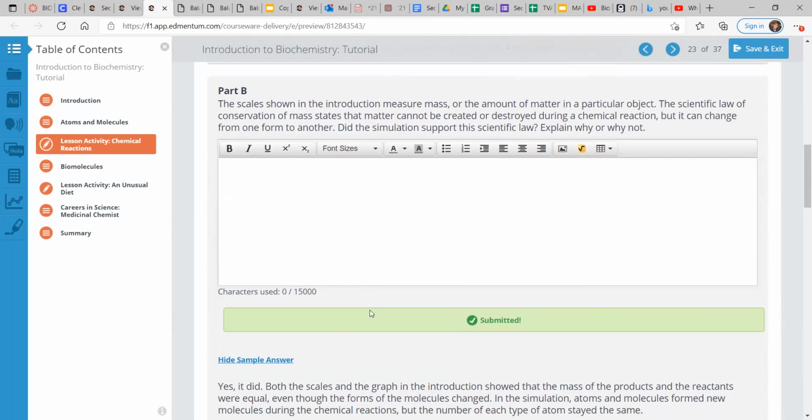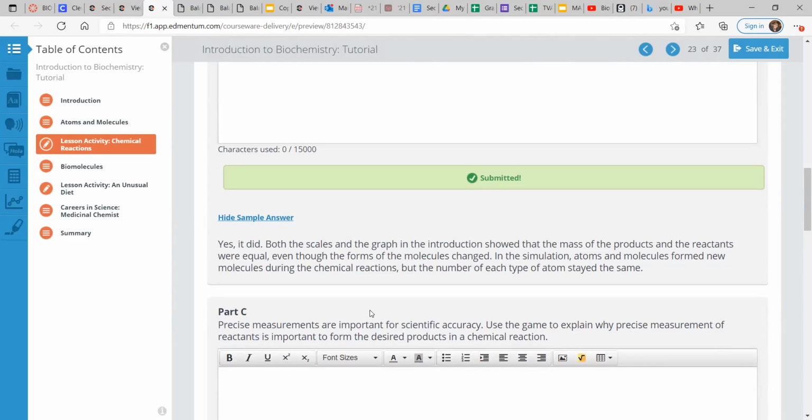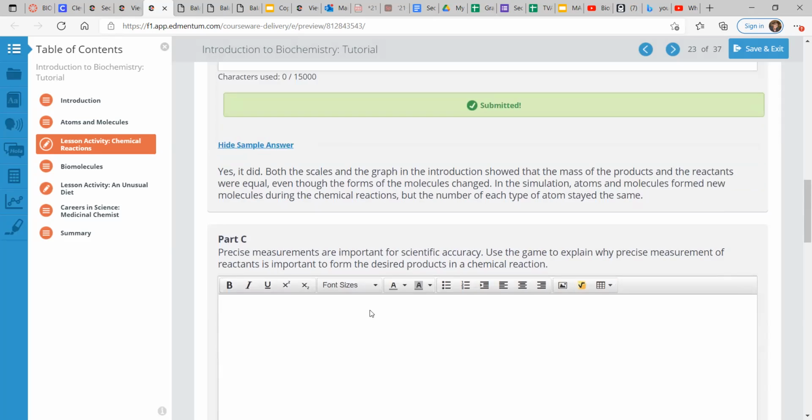Well, yes, it did. Both the scales and the graph in the introduction showed that the mass of the products and the reactants were equal, even though the forms of the molecules changed. In the simulation, atoms and molecules formed new molecules during the chemical reactions, but the number of each type of atom stayed the same on the left-hand side and the right-hand side.